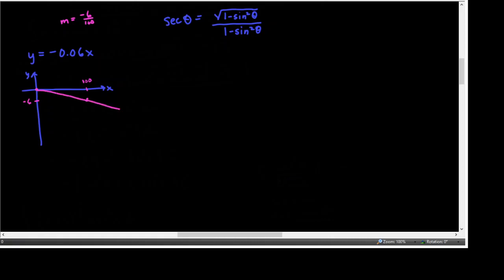Sort of. Of course, it's out of scale, so we can't say it looks exactly like that. But that's the roadway. So if we think about the triangle that we could draw here, the y is negative 6, the x is 100. Okay, that's just to give us a little perspective.